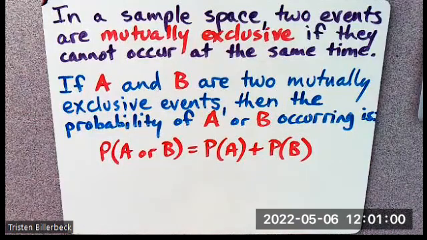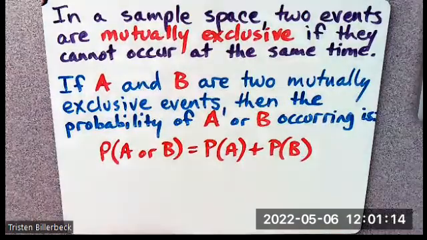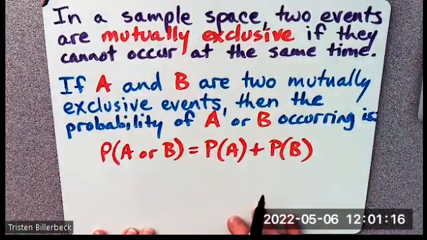So that's like the probability of my door opening and it raining outside. Those are mutually exclusive events. The rain does not cause my door to open. Okay, they can happen independently.